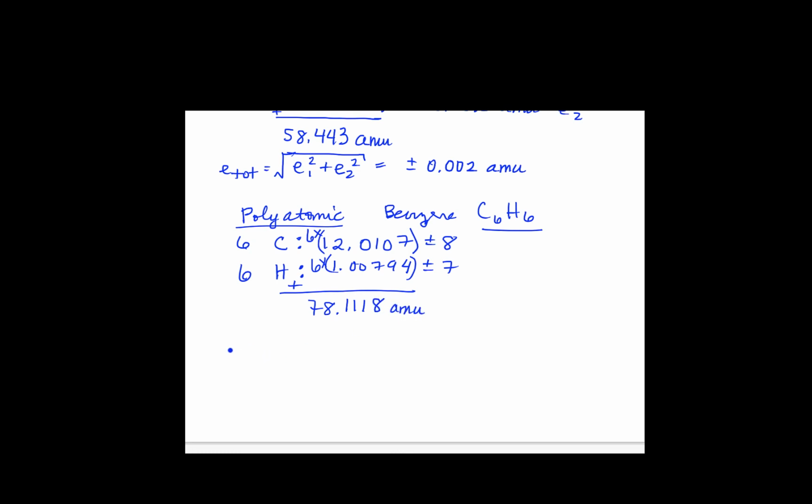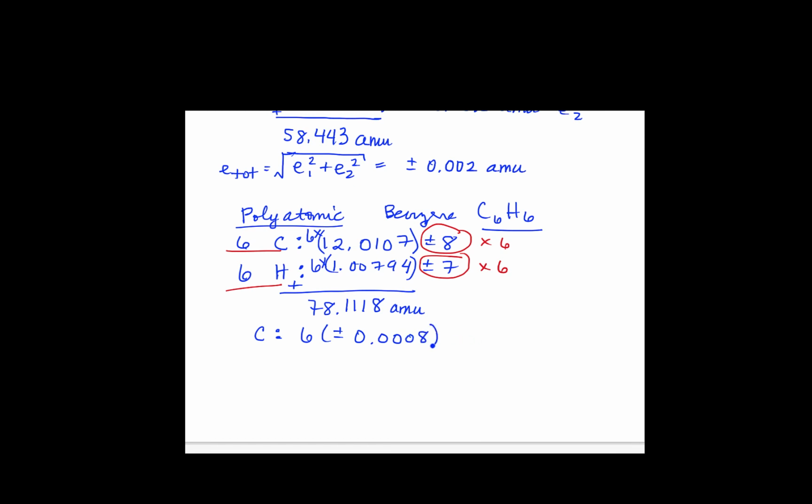But when we calculate the uncertainty for this number, we need to multiply our uncertainties by 6 also, because we have 6 carbons and 6 hydrogens. So with random uncertainty, we wouldn't multiply by 6, but because we know that this is a systematic uncertainty, the systematic error affects every single one of those carbon atoms and those hydrogen atoms, that is why we multiply that uncertainty by 6.